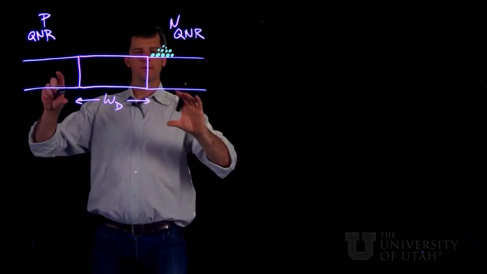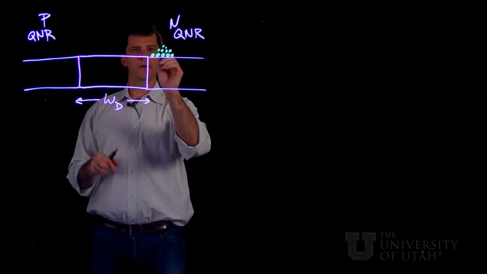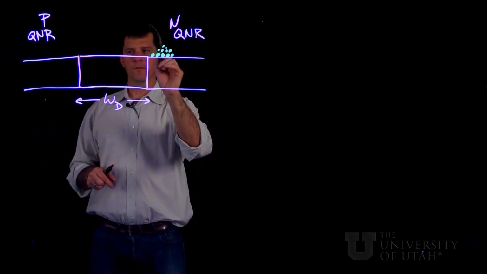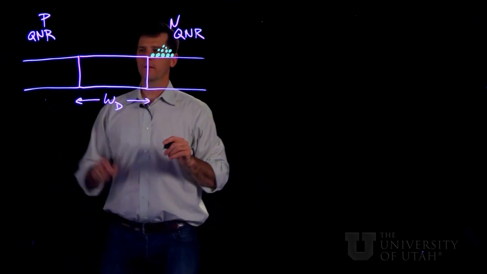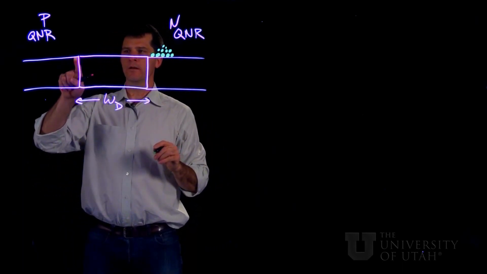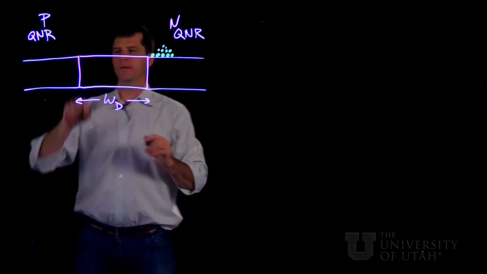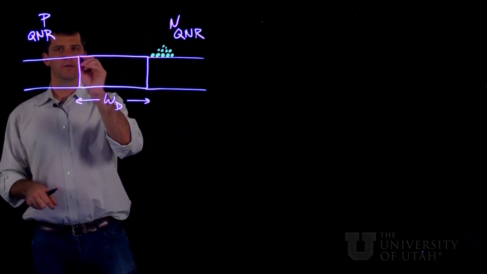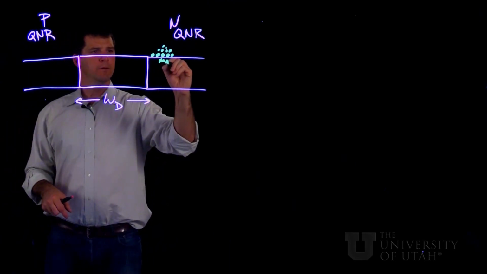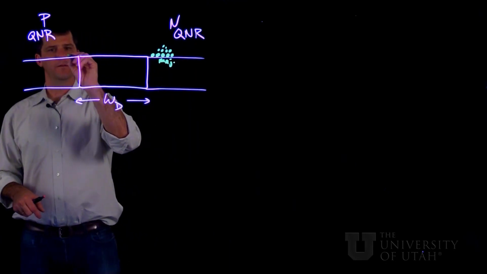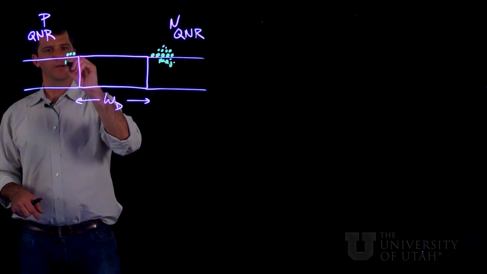So remember, we have a lot of electrons over here, and as we put forward bias on the diode, some of these electrons start to make it across the junction and make it to the other side. On this p side, they're minority carriers, so they're majority here and minority here.